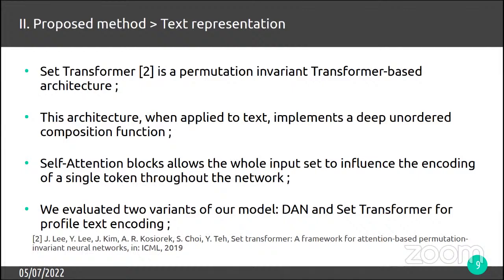It's simply a transformer without positional encoding. So this transformer has no idea of the order of its inputs and is permutation invariant. So we decided to use it to handle the text of our profiles, and we evaluated it along with DAN to ingest the text of our profiles.